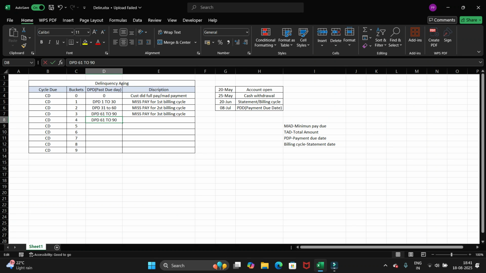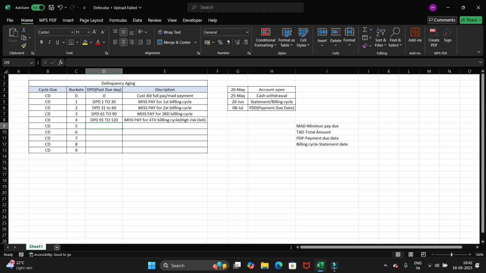Then DPD from 91 to 120, that is the customer did not make payment for the fourth cycle. In this case, the account will be high risk delinquent. So when the account is in CD4, it will be a high delinquent account.